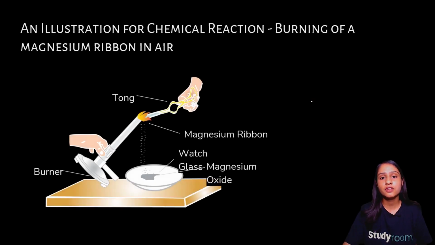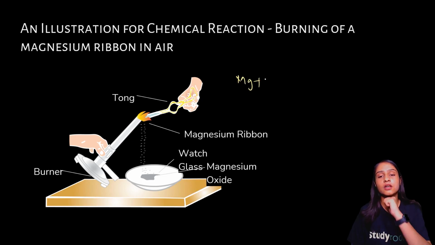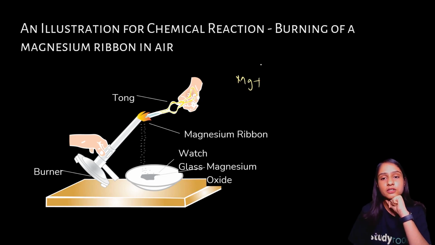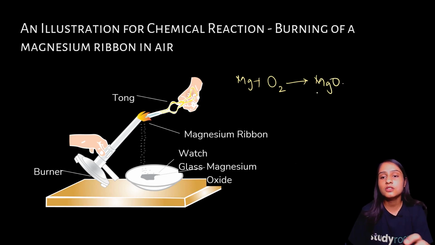An illustration for chemical reaction: burning of a magnesium ribbon. You take a magnesium ribbon and burn it through a burner. When magnesium burns, there must be atmospheric oxygen, so it reacts with the atmospheric oxygen. Then magnesium oxide got produced. This magnesium oxide has different properties than the previous magnesium.